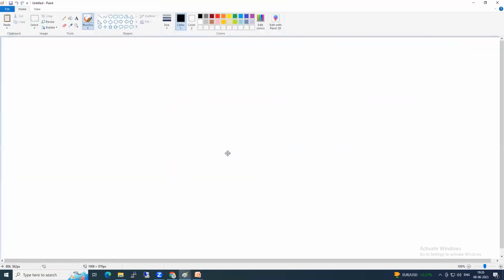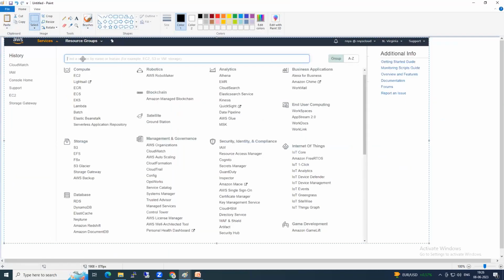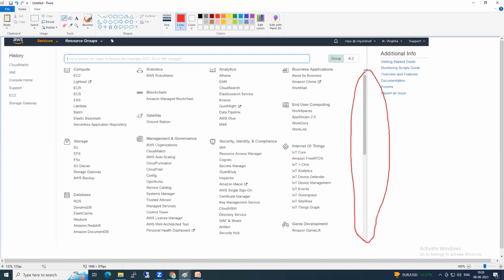I was still okay. They removed the colors, but I identified one thing here. Do you see the scroll bar? As AWS wants to stand number one in the market, it is giving you more and more services. So many services.